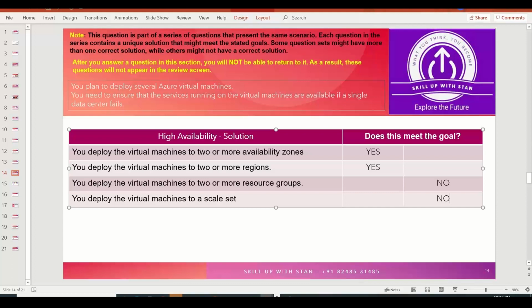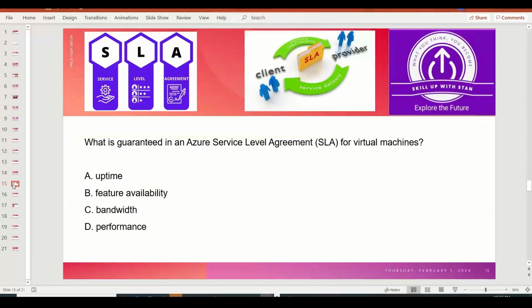So this will not help you with tolerating the data center level failure. If you want to tolerate the data center level failure, you need to have the virtual machine either across two different availability zones or two different geographical physical regions, where you can have tolerance when a single data center goes down.